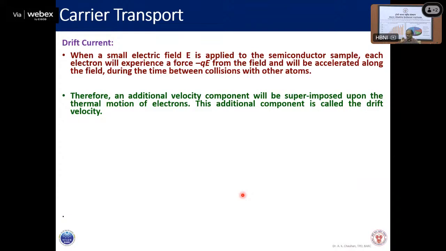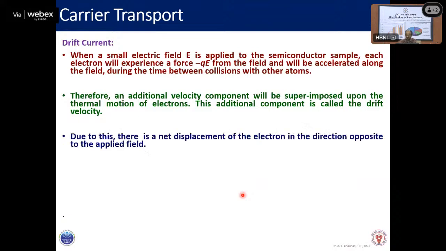It starts moving because there is a potential, then it strikes other carriers or sometimes other sites, and loses energy. Then again it starts gaining. So this net velocity is called the drift velocity. You can call it an average kind of thing.